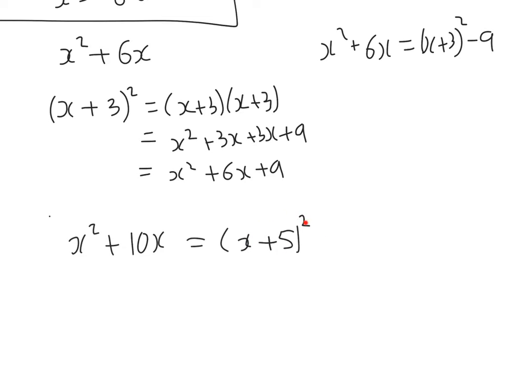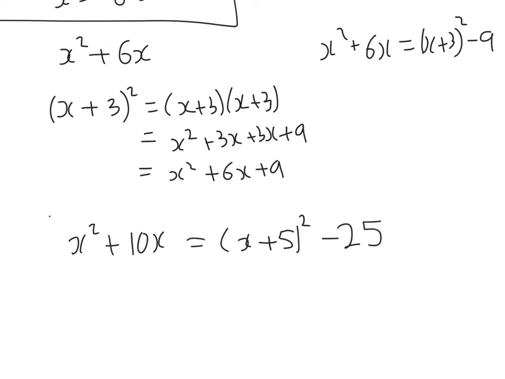So we'd have x squared, then we'd have 5x and 5x, which is 10x. But then we'd have a 5 squared, which is 25, which isn't here. So you'd have to take away 25. Okay? So x squared plus 10x can be written as x plus 5 all squared, take away 25, which is 5 squared. And this technique we can use inside solving an equation.